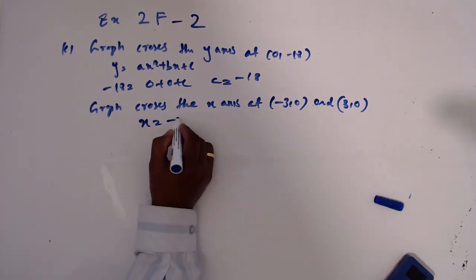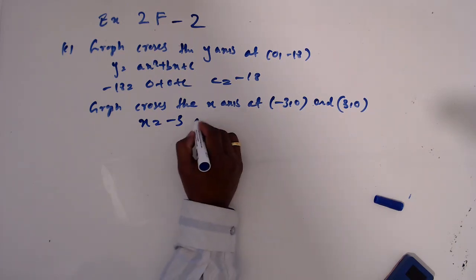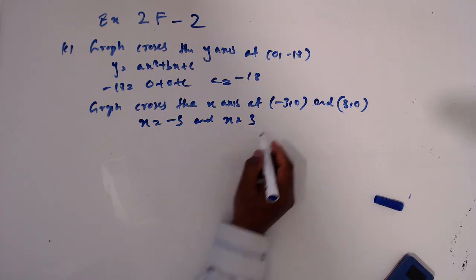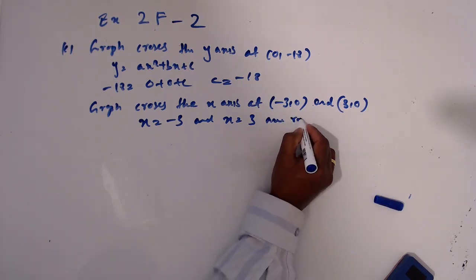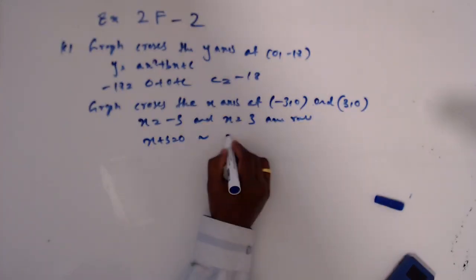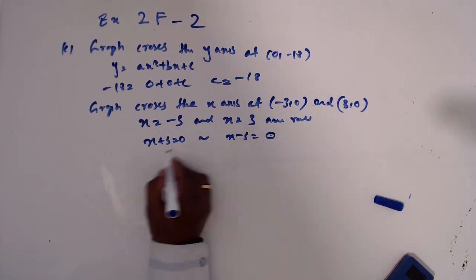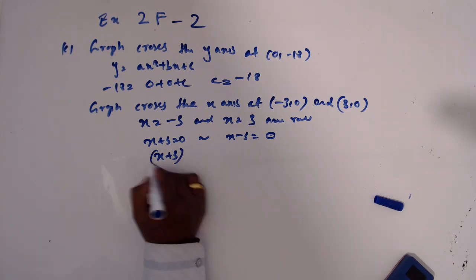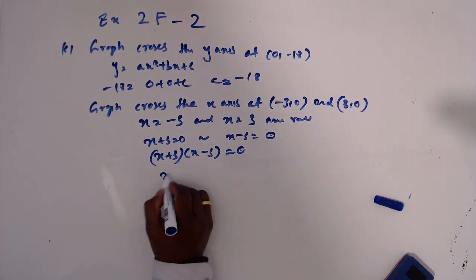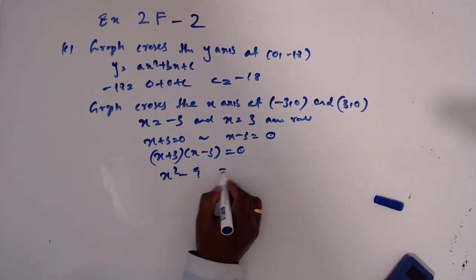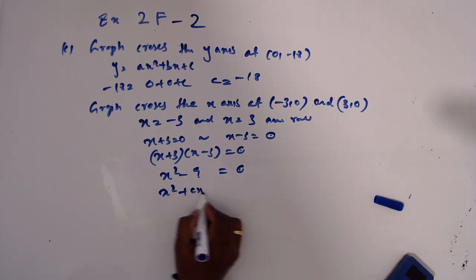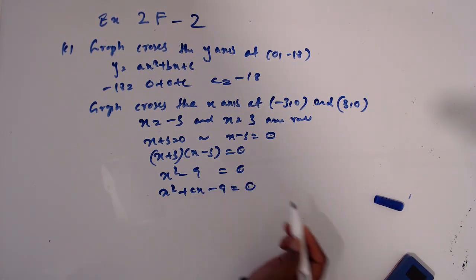So x equal minus 3 and x equal 3 are roots. So x plus 3 equals 0 or x minus 3 equals 0. So x plus 3 times x minus 3 equals 0. So x square minus 9 equals 0. x square plus 0x minus 9 equals 0.